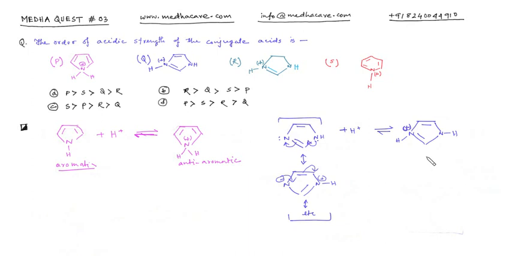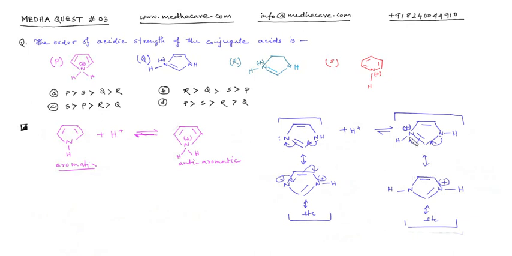In this case also you can write resonating structures using the lone pair of nitrogen that is conjugating with the ring. So here you can see that positive charge is delocalized between two nitrogen atoms. Let's say there is hydrogen, and now positive charge over here, and a few more aromatic structures you can draw.